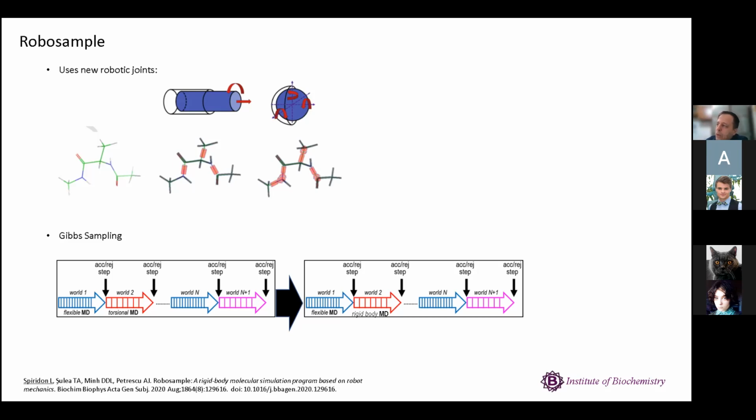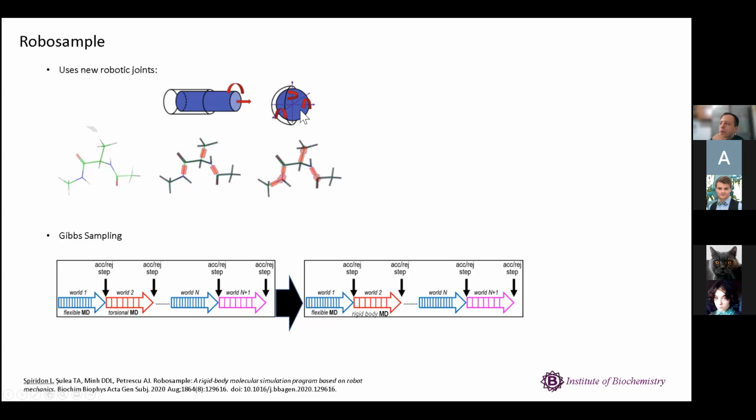So you do Gibbs sampling, and that's one way. Another way is to use some more complicated joints that we introduced recently. For example, we introduced the cylindrical joint, which uses a torsion, but also a prismatic type of move.